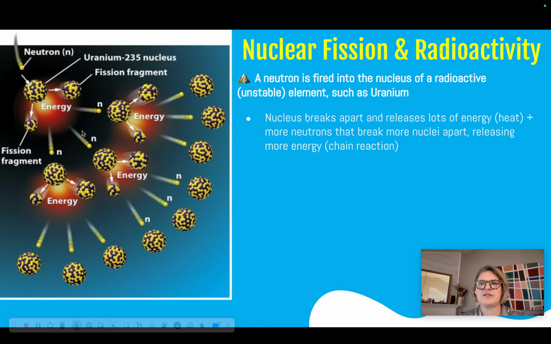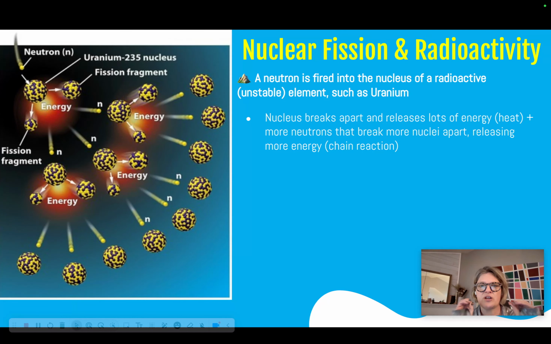So here's what you need to know about nuclear fission. Nuclear fission is really the only type of nuclear reactor that we have at this point to generate electricity because fusion has not really been harnessed effectively yet. They're racing to figure out how to use nuclear fusion.